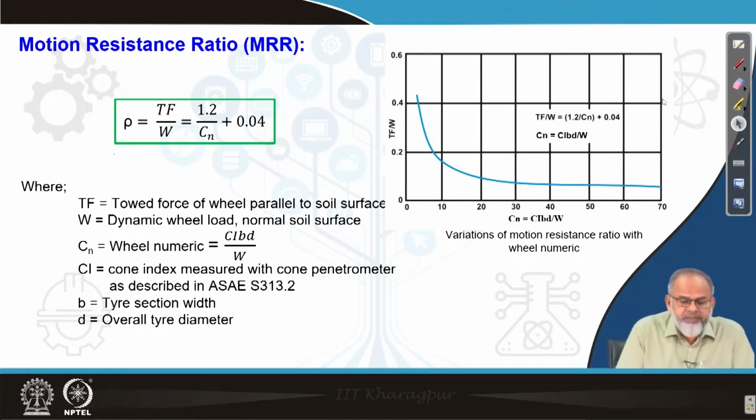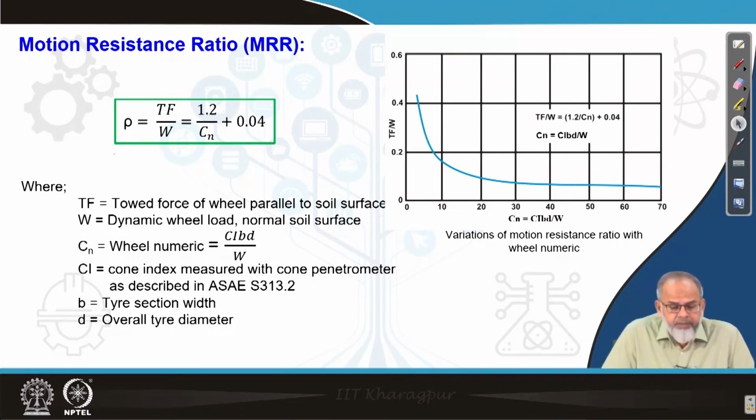Now, he has developed this equation, the motion resistance ratio, which is nothing but the ratio of towing force to weight coming on the wheel. Weight, when I say this, is a dynamic weight. In case of a tractor, when it tries to pull an implement, there will be weight transfer from the implement side as well as from the front axle.